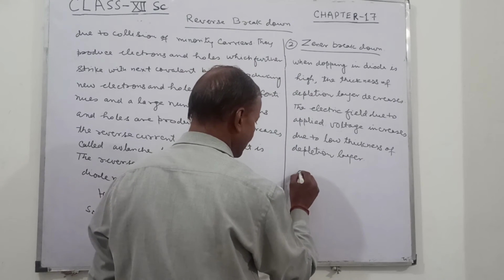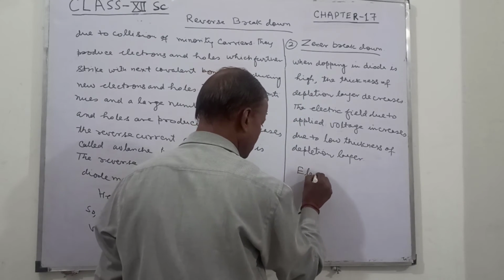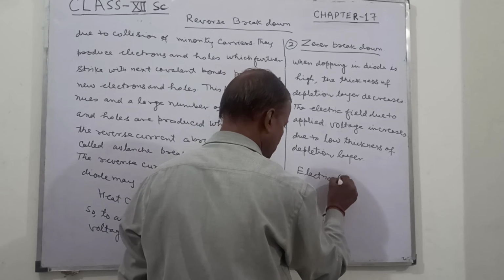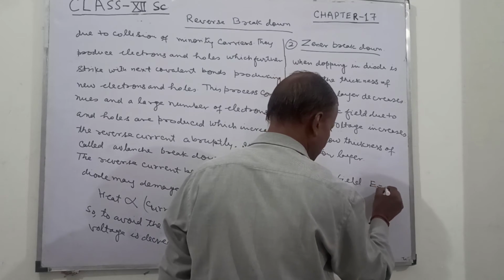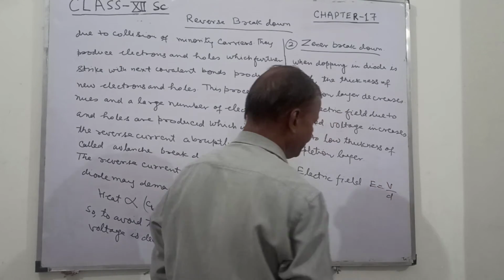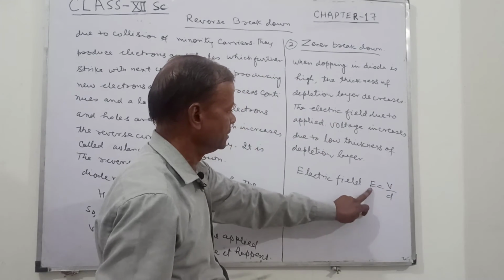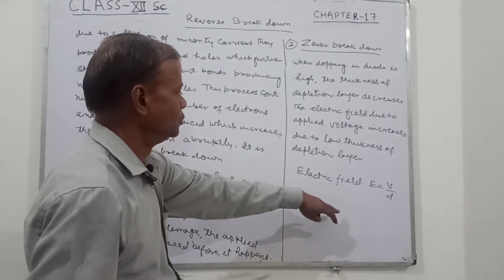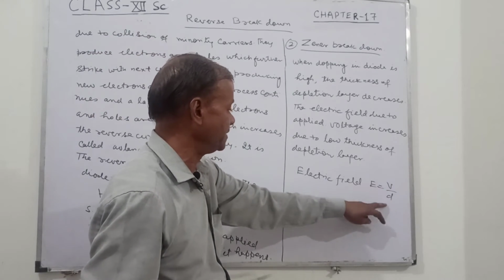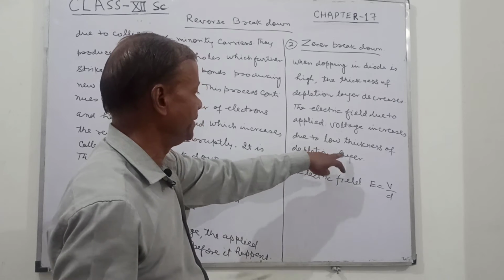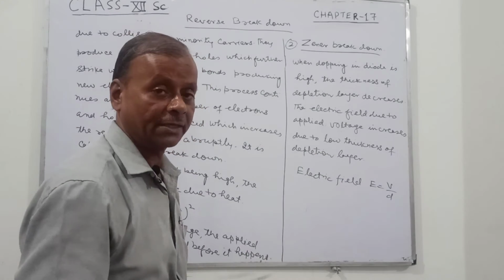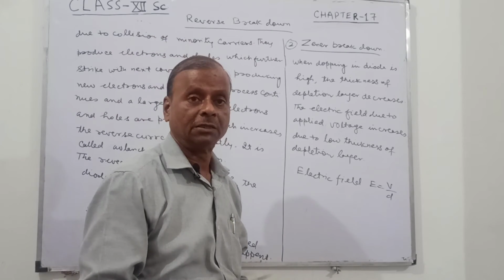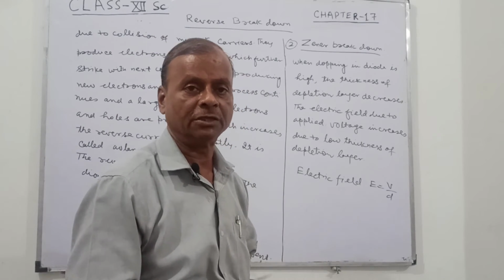This electric field E equals V upon D. When D is less, then E will be more. So when a small voltage is applied, the electric field is very high, and because of the electric field, the electrons are taken out from the bonds.